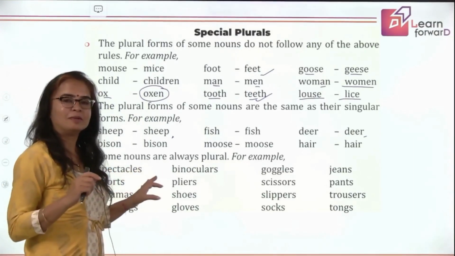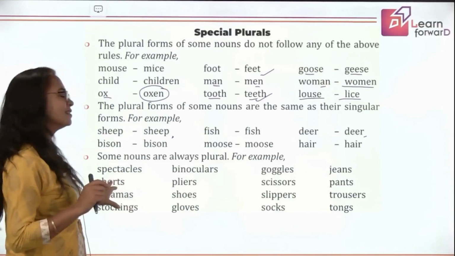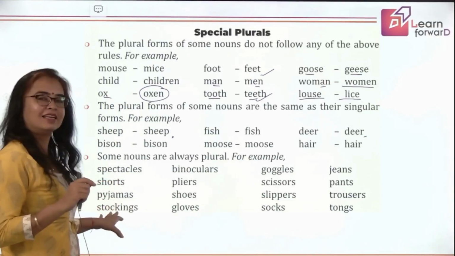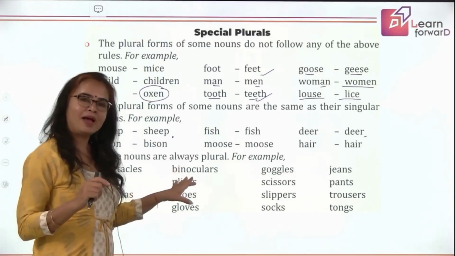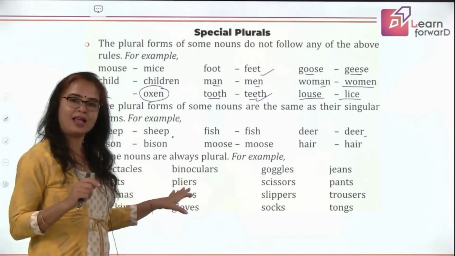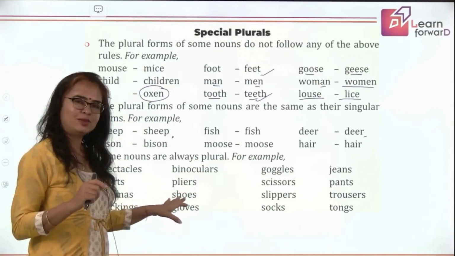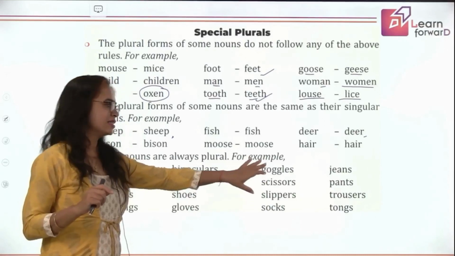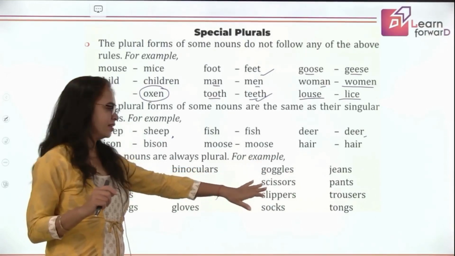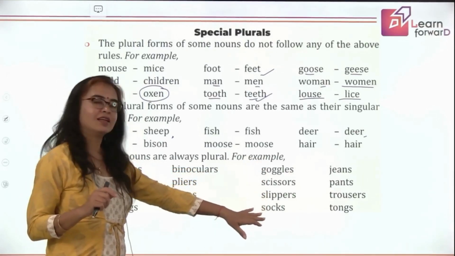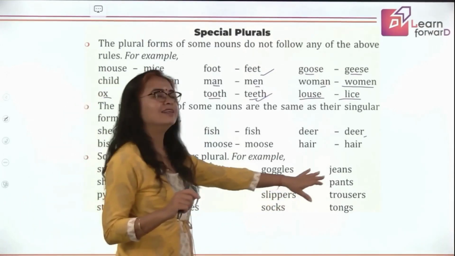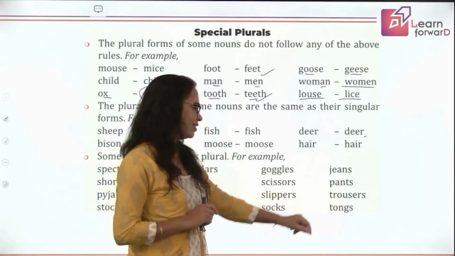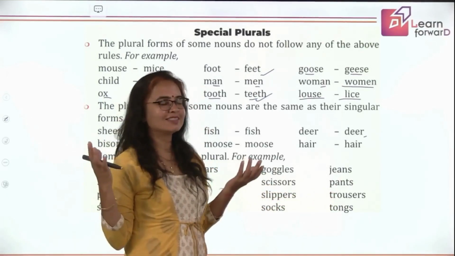This is spectacles, shorts, pajamas, stockings, binoculars, pliers, shoes, gloves, goggles, scissors, slippers, socks, jeans, pants, trousers and tongs.